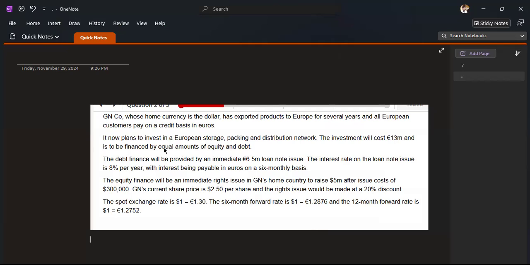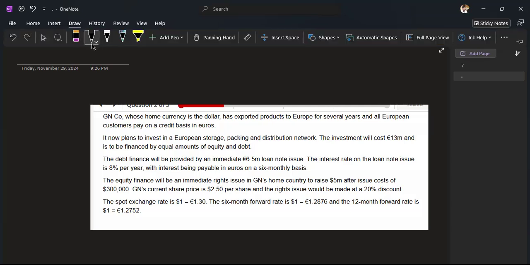Now see, the examiner was asking what would be the number of shares. Understand the point here, what is going to happen.